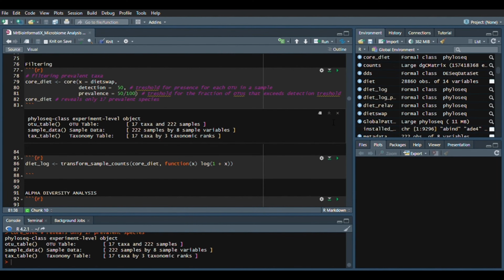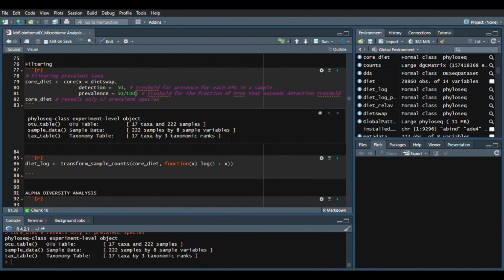And regarding 222 samples by its sample variables, the dataset still includes 222 samples, which means that the sample metadata such as subject IDs, sex, nationality, etc. is preserved for each sample. We will still be able to link any alpha diversity metrics or other analysis back to the associated metadata.